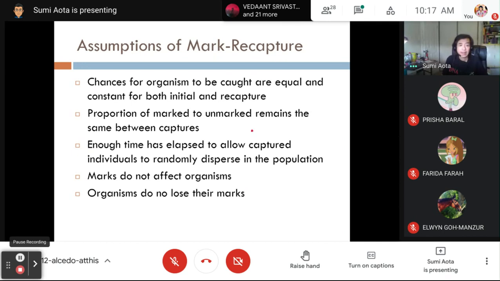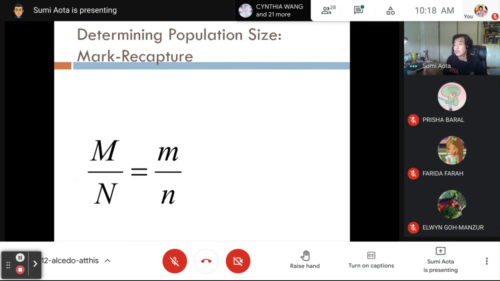Enough time has elapsed so that the captured individuals randomly disperse into the population. So it's not that you're capturing more marked ones because you didn't give them enough time to get away. So you have to give them enough time to disperse into the complete population. The marks can't affect the organism, and the organisms can't lose their marks. Okay. So assuming those five things are true, then this is a decent method for figuring out what the population size is. Okay. So how do we do it?